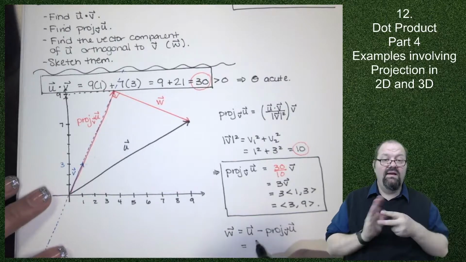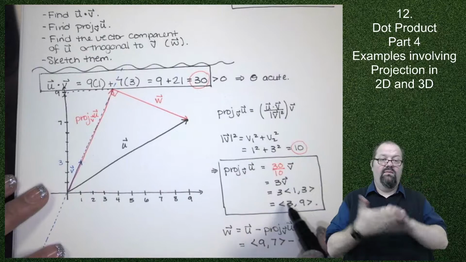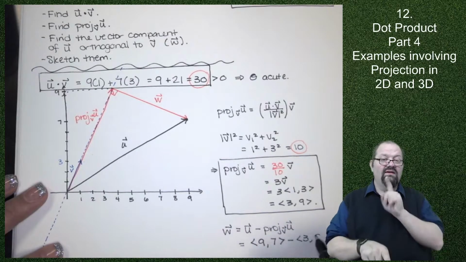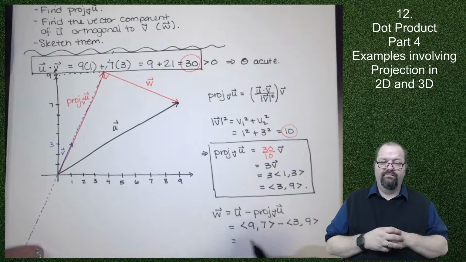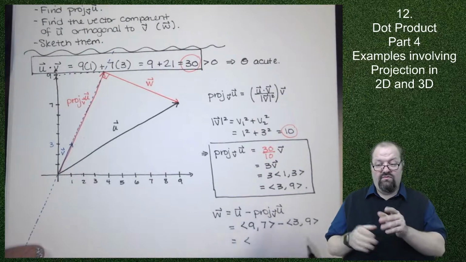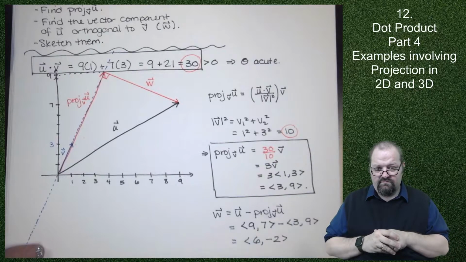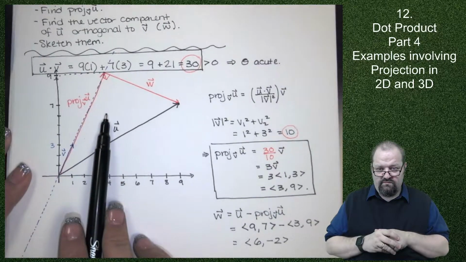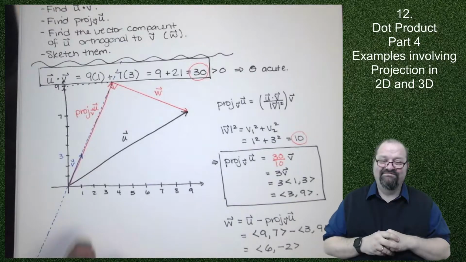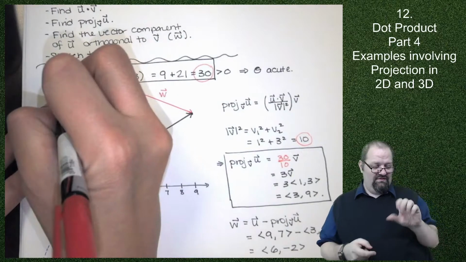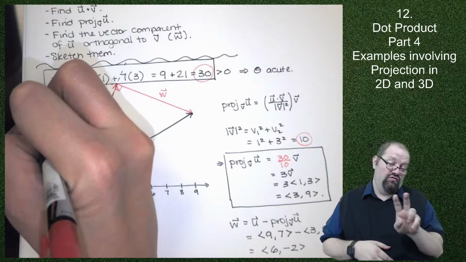So I'm going to take u, which had components 9, 7, and I'm going to subtract the projection, which is a vector with components 3 and 9. When we subtract component by component, 9 minus 3 is 6. 7 minus 9 is negative 2. Does that look like what we've got here? I hope so. I know it's not to scale. That doesn't really look like 2 units, but I'll say that that was 2 units. It's not to scale.